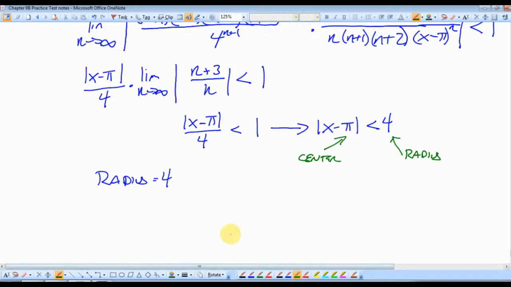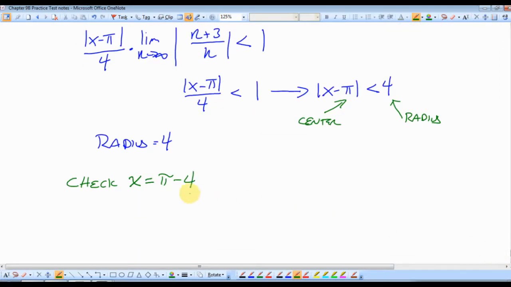So we're going to check, what is that, pi minus 4? Center minus radius, yeah. And that should be x equals. So my series is n plus 1, n plus 2, pi minus 4 minus pi to the n, the whole thing over 4 to the n.